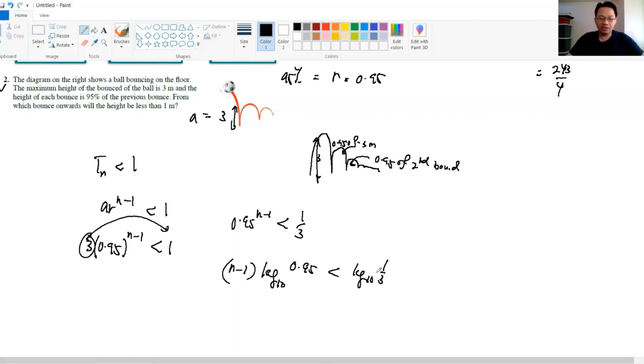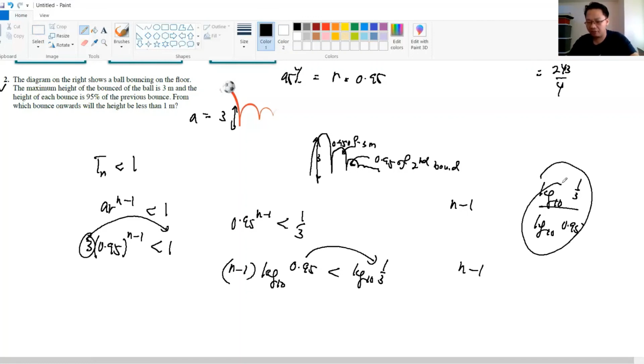Okay, guys, so I want to find n, right? So n minus 1. This log, I move it here. It will become divide. Log 1 over 3 divided by log 10 of 0.95. So n minus 1, we try to solve this here.